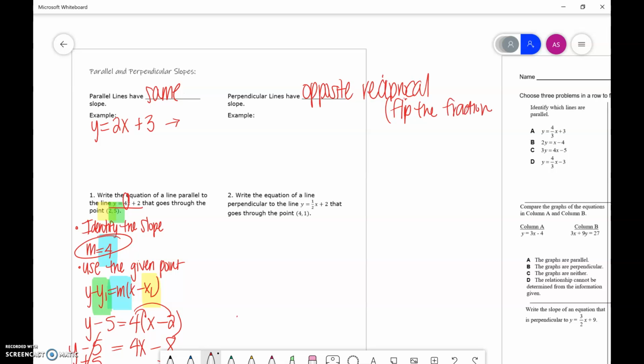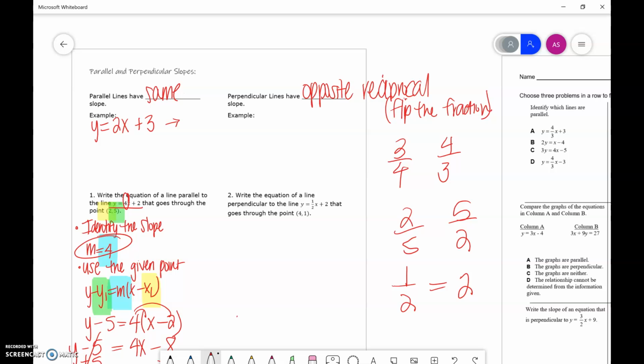Okay, so if I had, let's say, 3 over 4, that reciprocal would be 4 over 3. If I had 2 over 5, the reciprocal will be 5 over 2, so on and so forth. Or if I had 1/2 and I flipped it, that would be 2/1, which is just 2.